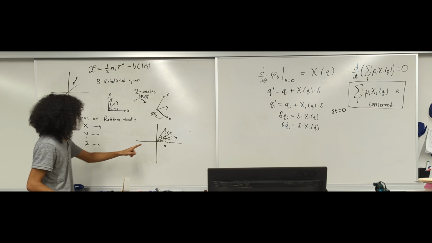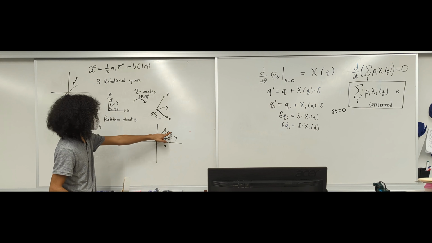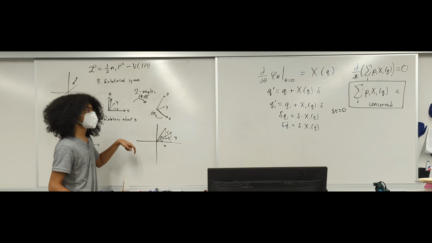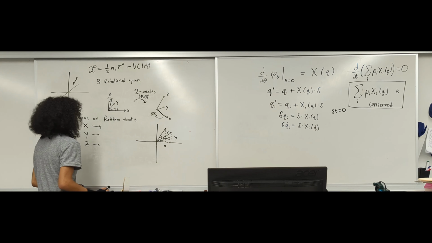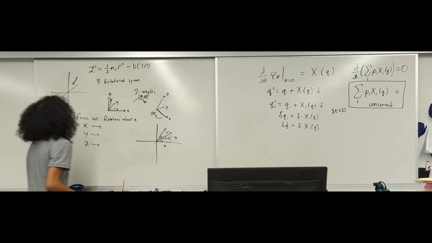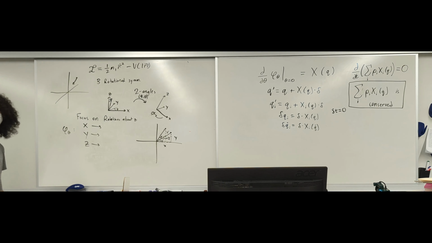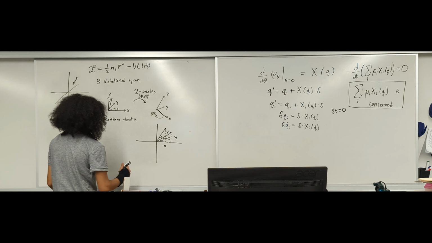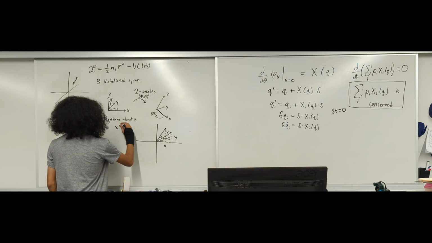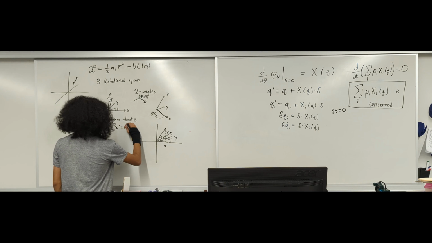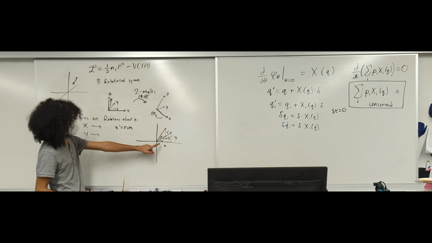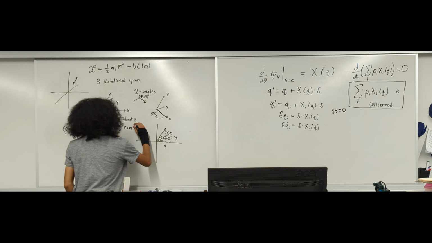And so we know the distance from the origin is the same, right? So let's just call that r. And so what we have is that x prime equals r cosine of the addition of the 2 angles.